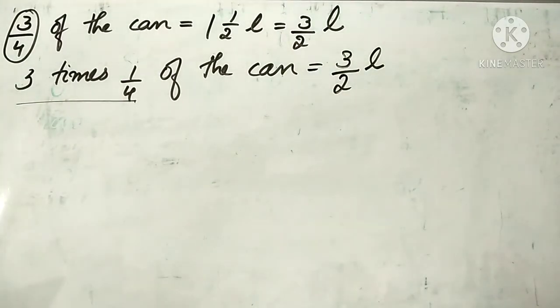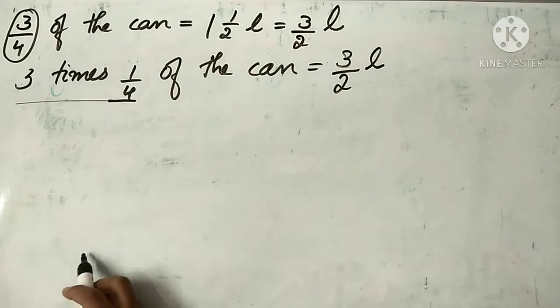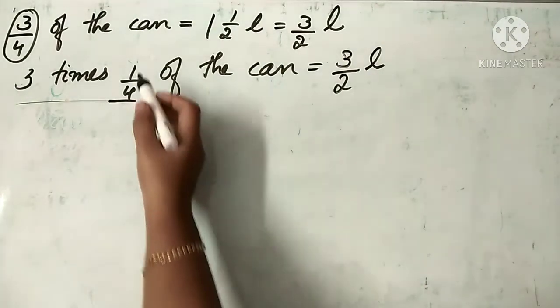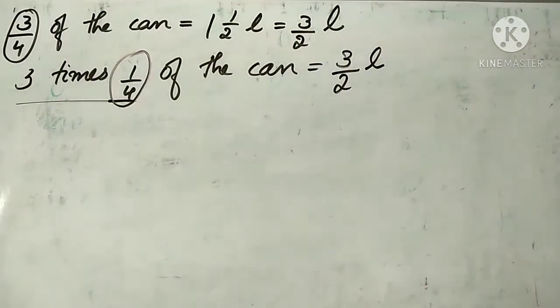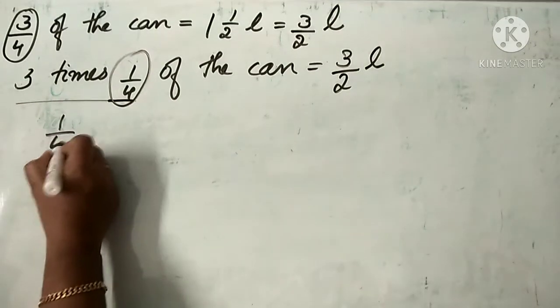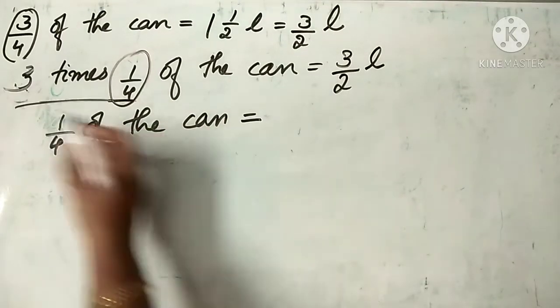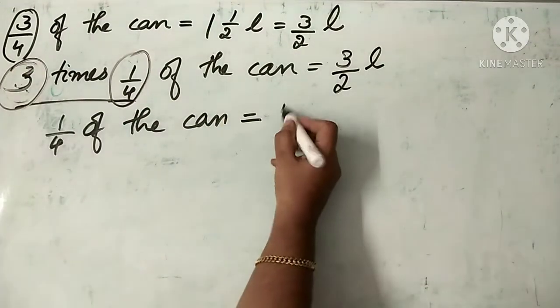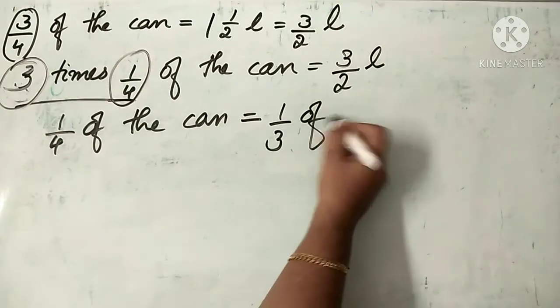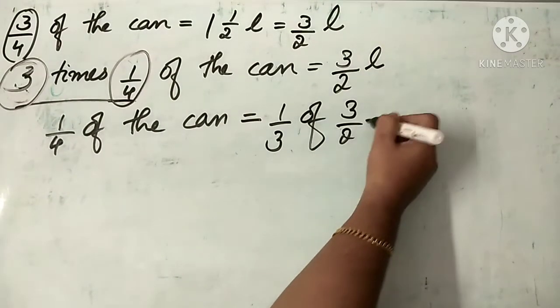Okay. Now from this we are going to find how many liters of water is needed to fill 1 by 4 of the can by using the back and forth method. 1 by 4 of the can is equal to reciprocal of 3, that is 1 by 3, of 1 by 2 liter.